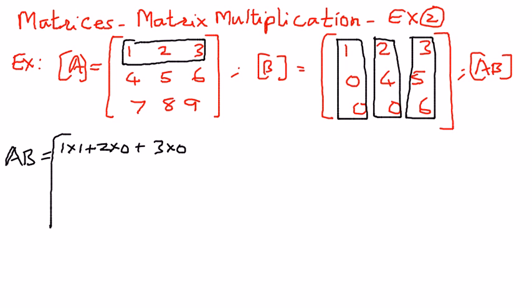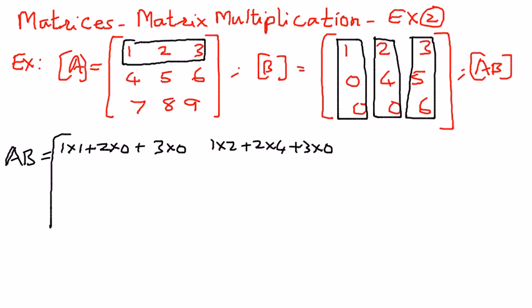Then we take the first row of the first matrix and multiply to the second column of the second matrix, like this: 1 times 2 plus 2 times 4 plus 3 times 0. That is the location of the product matrix.